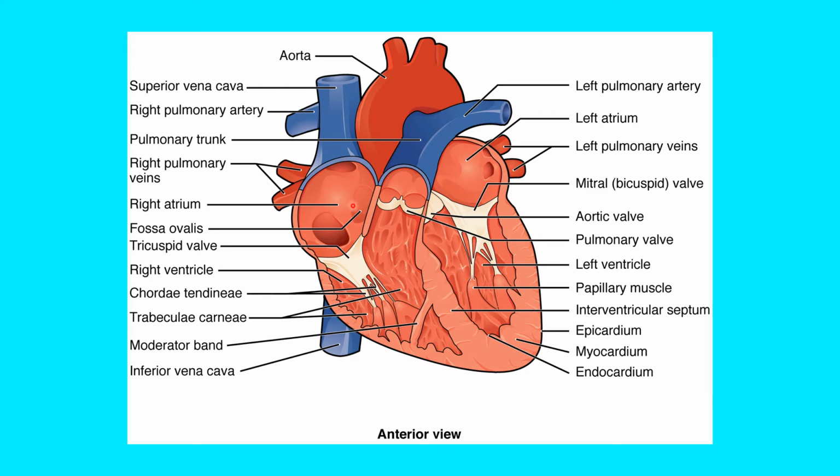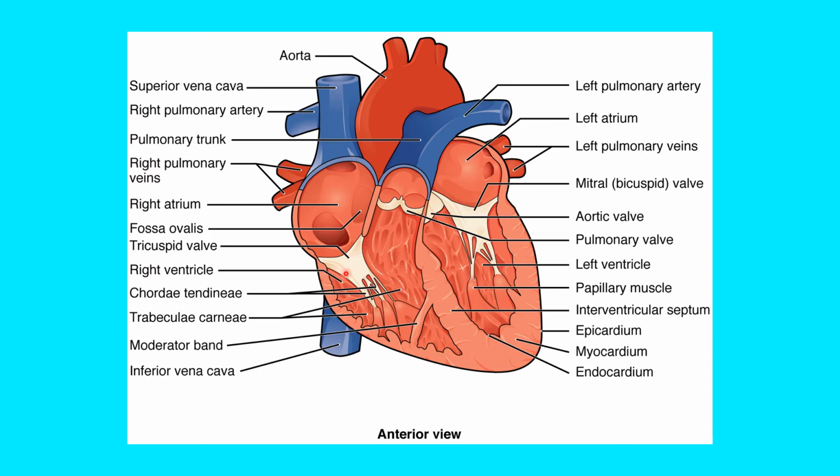So in this diagram, let's point out a few things here. Here is the interventricular septum dividing the two ventricles. You can't really see because of the pulmonary trunk, but behind here would be the interatrial septum. This is the right atrium, the right ventricle, left atrium, left ventricle. If we look at the valves right here, between the right atrium and the right ventricle, this is the tricuspid valve.